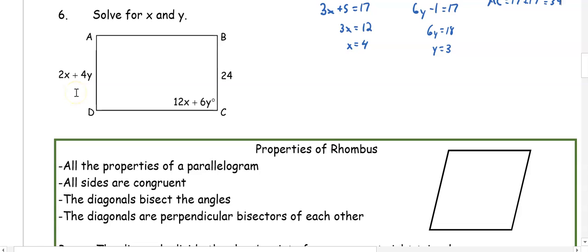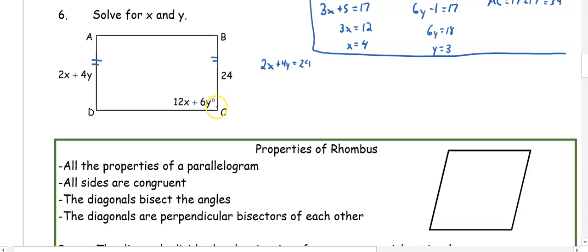In number 6, we have opposite sides. So opposite sides are congruent. 2x plus 4y is equal to 24. We also know that the angles are a right angle, so we have 12x plus 6y equals 90. Now, in order to solve, we need to multiply one of the equations.